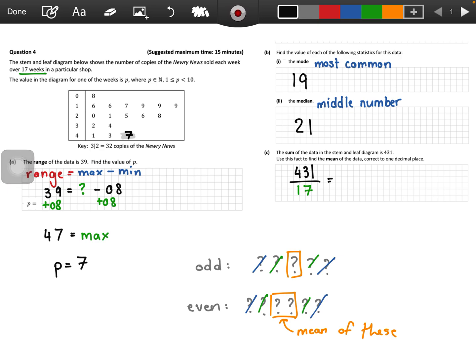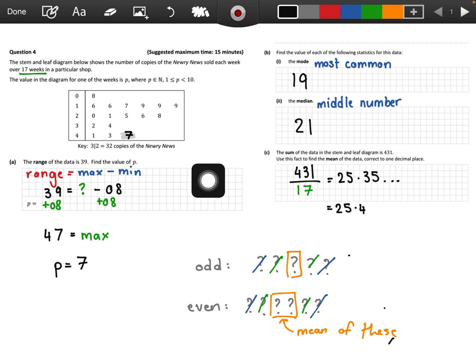So all I need to do is say 431 divided by 17, and I get 25.35, and that goes on. Now, it's asking for one decimal place. I still write it before rounding, just in case I make a mistake in my rounding, so that I can still get the full marks for the maths. Then I need to round my answer, so I'm going to get 25.4.